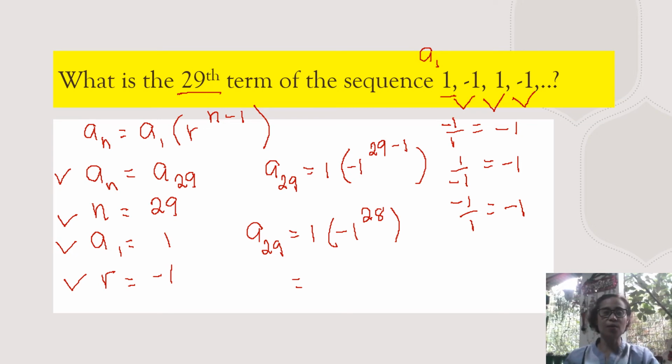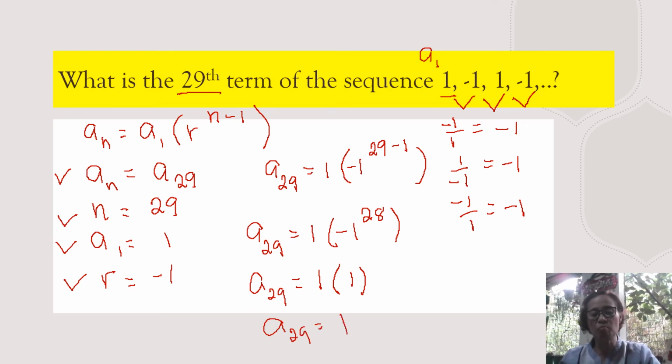Remember that way back in grade 7, if negative 1 has an exponent of an even number, it will become positive 1. So a sub 29 will be 1 times 1, which is a positive 1. So that is the 29th term of this sequence.